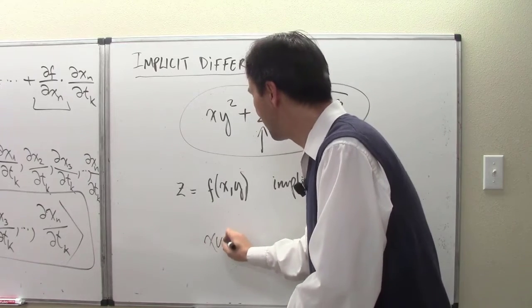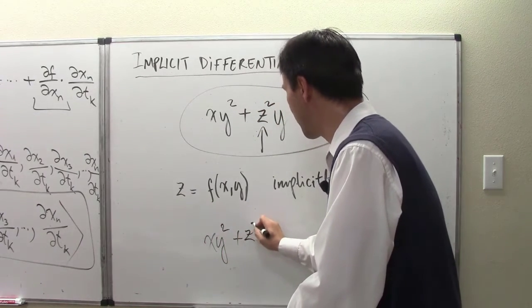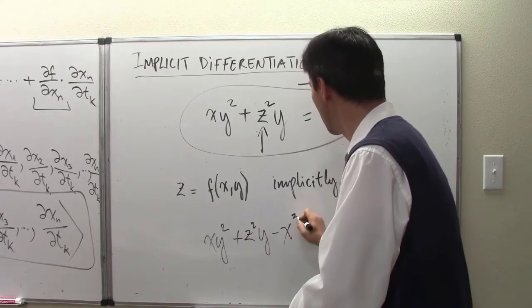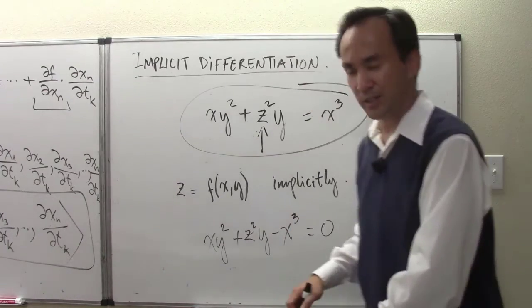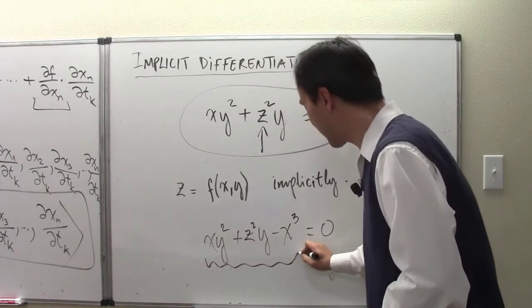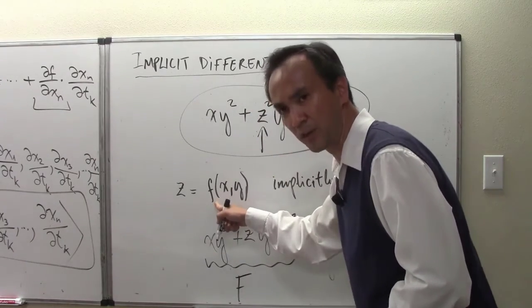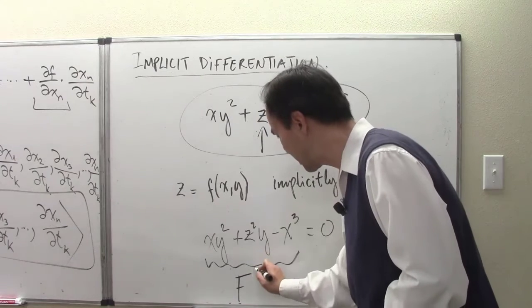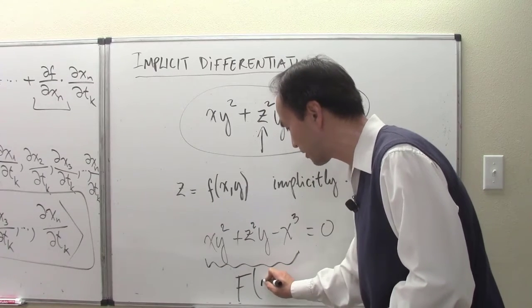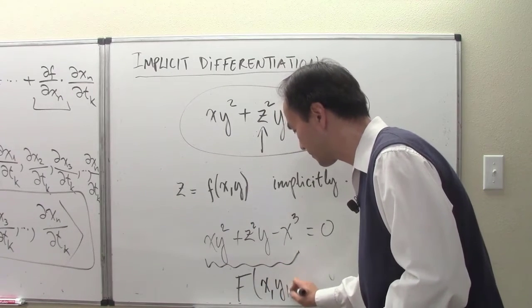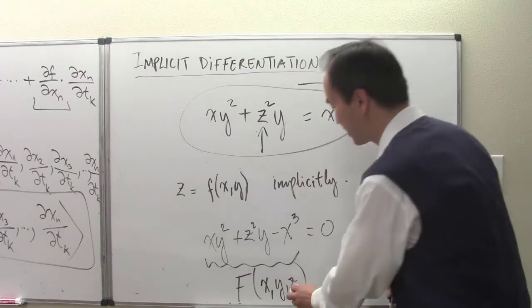I have xy squared plus z squared y minus x cubed equals 0. So the starting point is here. I recognize that the left-hand side now is not the same as this implicit function, lowercase f. Here I see the whole left-hand side expression as a function of 3 variables.